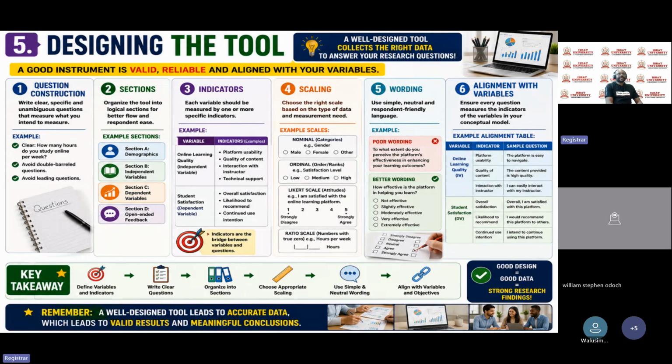You write clear, specific, unambiguous questions that measure what actually you intend to measure. We'll see some examples. Suppose if you want to literally get a numerical data, how many hours do you study online per week? Don't ask double barrel questions, because what is a double barrel question?